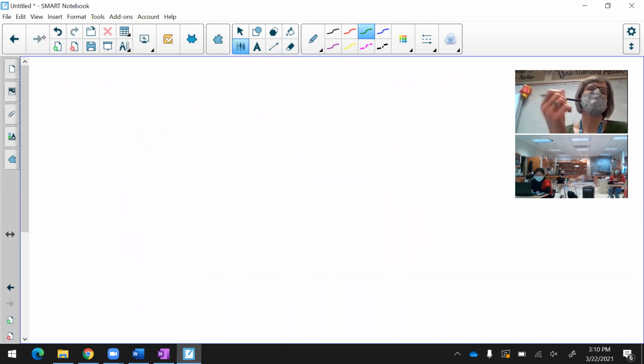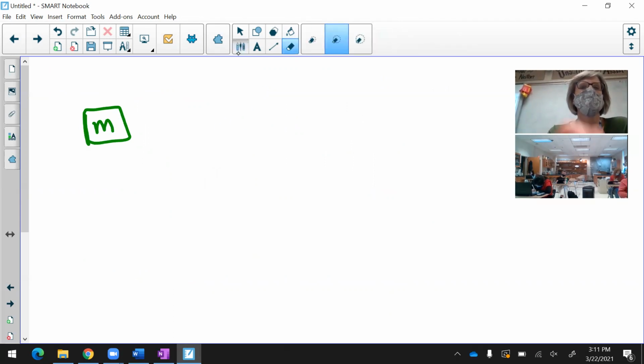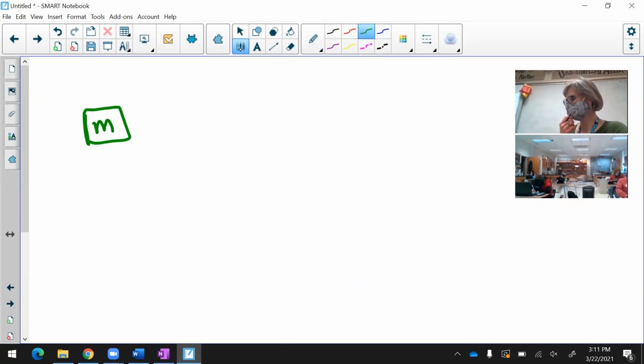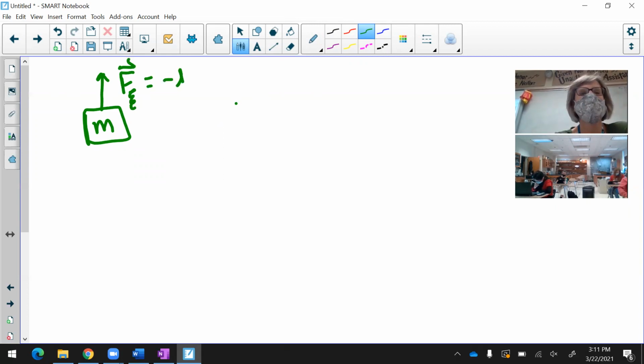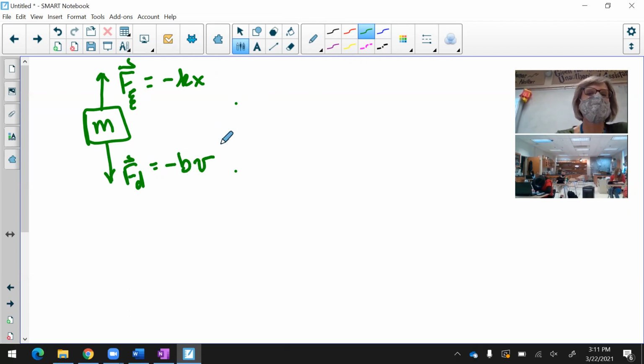All right. So if we make a free body diagram for our mass here, there's going to be a spring force that points up. That's negative kx. And a damping force that points down, that's negative BV.